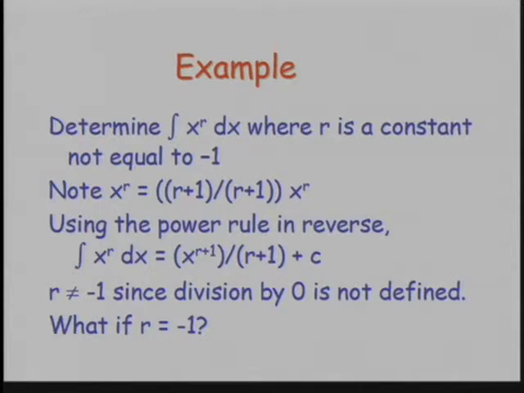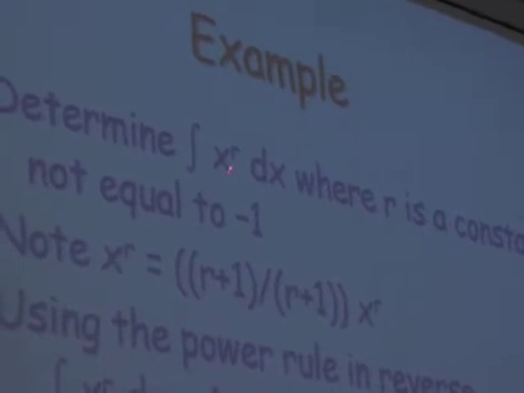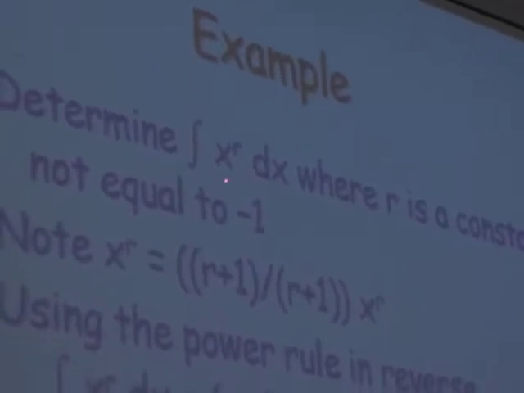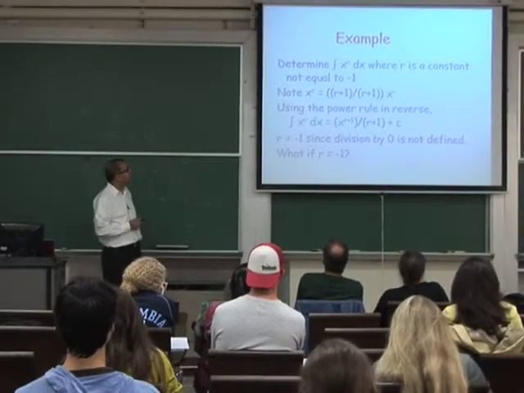Okay, here's a useful example that you might come across. So determine the antiderivative of x to the r, where r is a constant not equal to minus 1.